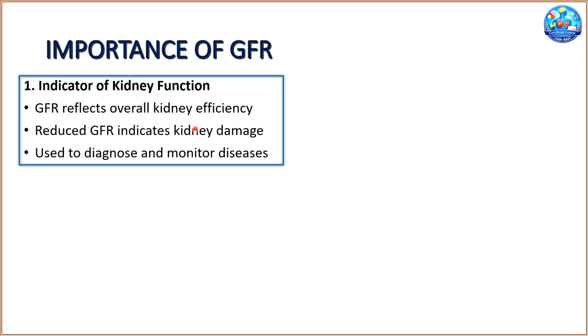A normal GFR reflects efficient filtration, while a reduced GFR indicates impaired kidney functioning, that is, it indicates kidney damage. GFR is used to diagnose kidney diseases, monitor their progression, and also evaluate the efficiency of treatment.